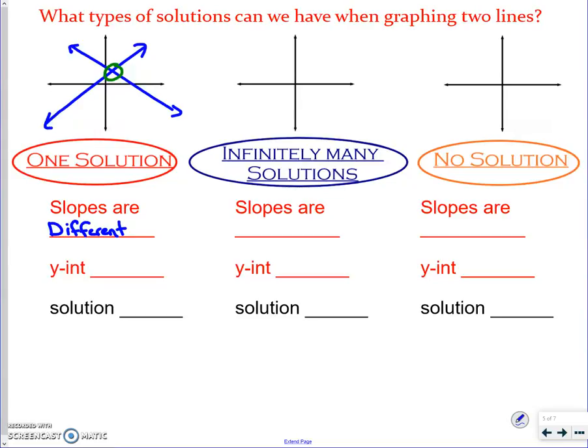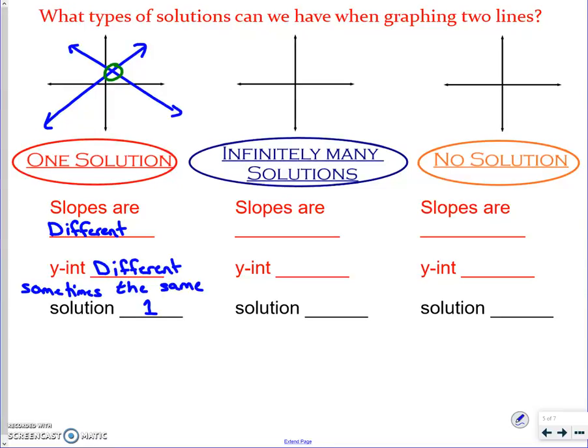Also, our y-intercepts will be different. In some cases, they can be the same, but most times they're not. So we can put sometimes the same. And then the solution on this is considered a one solution. So we can just literally put the number 1 there.